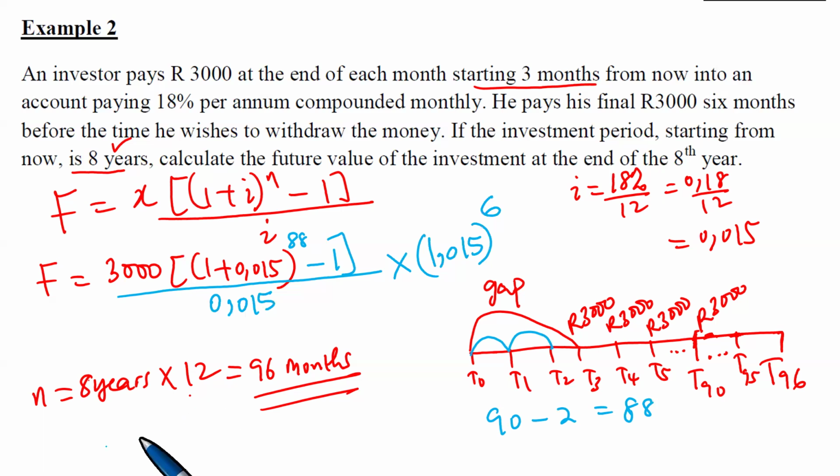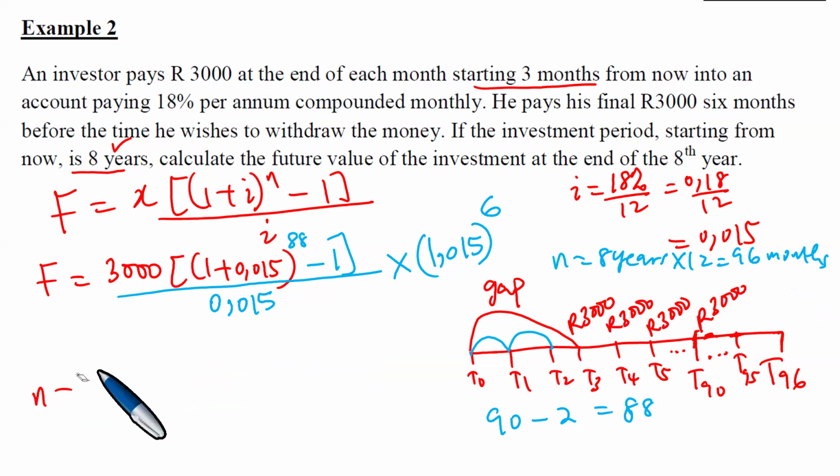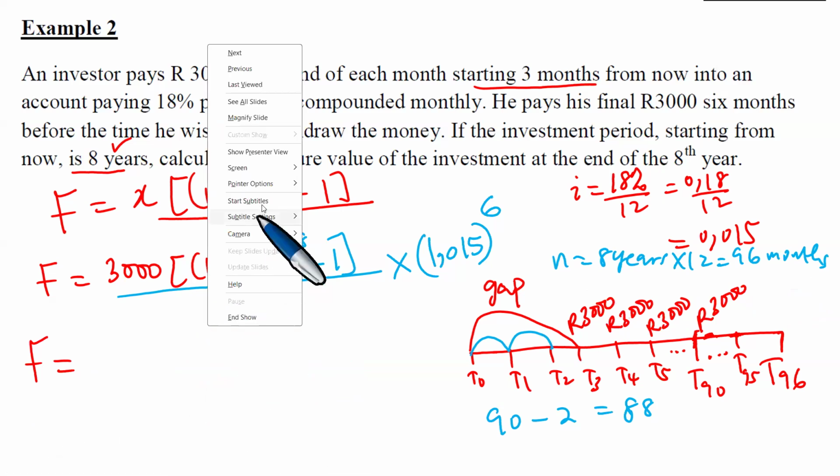And then we take note of the fact that the n is 8 years times 12, which is exactly 96 months. We're good. Now let us use the calculator to compute the answer from this point onwards.